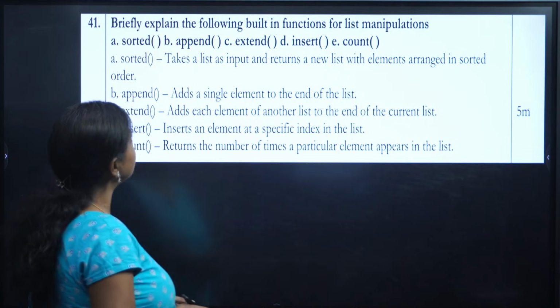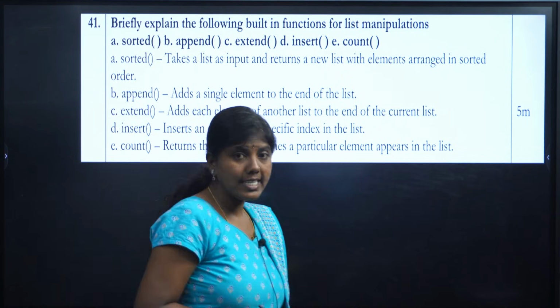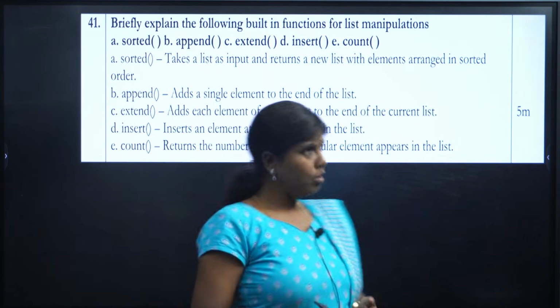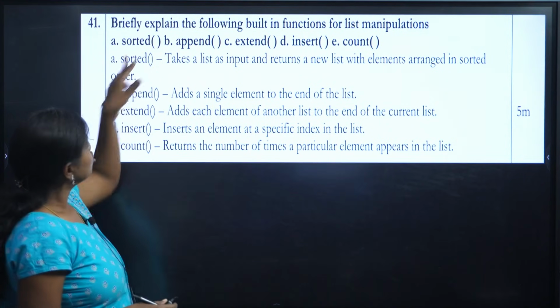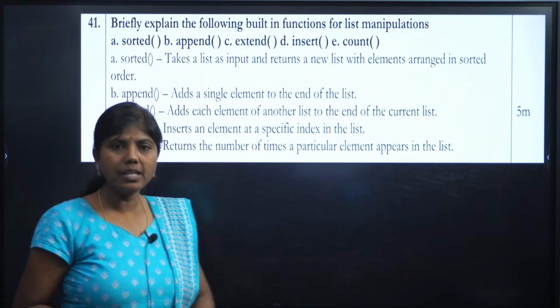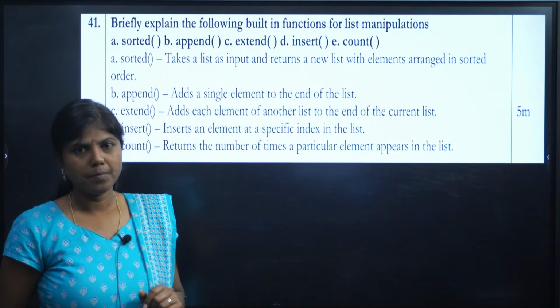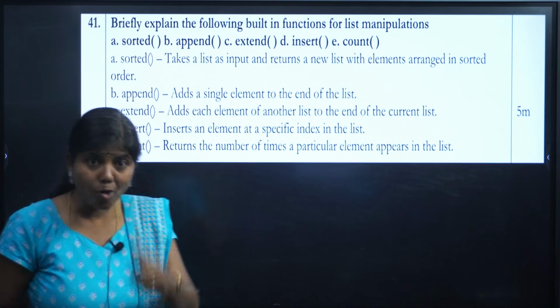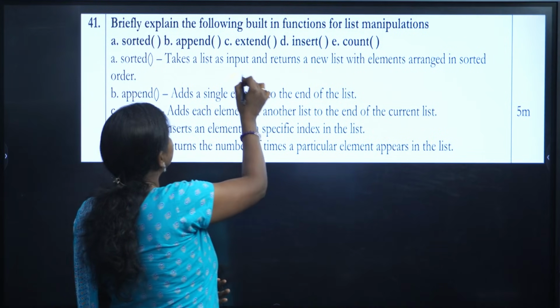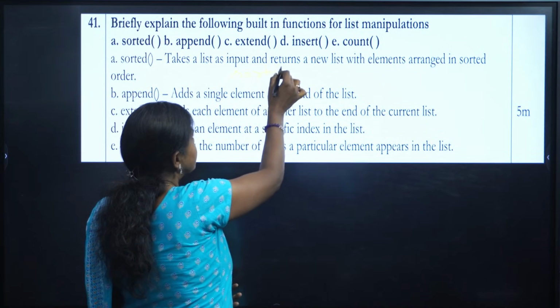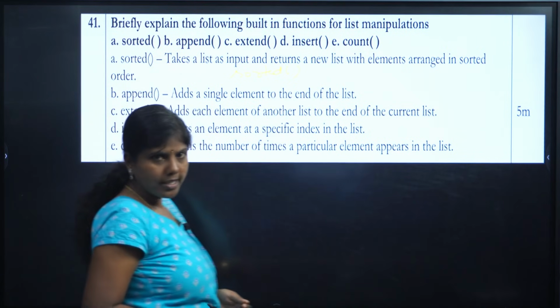So we have different built-in functions for list manipulations, and we need to explain all of these. The sorted function is very simple. It's going to sort the elements. Remember how you call the function: just like this, sorted. Not L dot sorted.